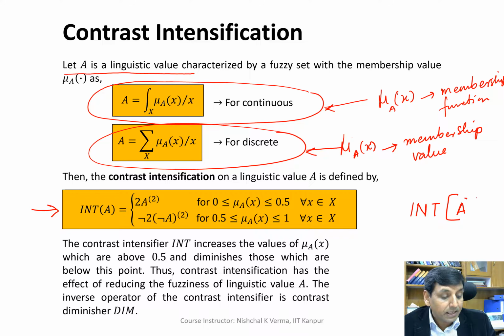If we have A as a fuzzy set whose contrast intensification needs to be done, then we write this as INT of A. We normally write INT with the small bracket here.